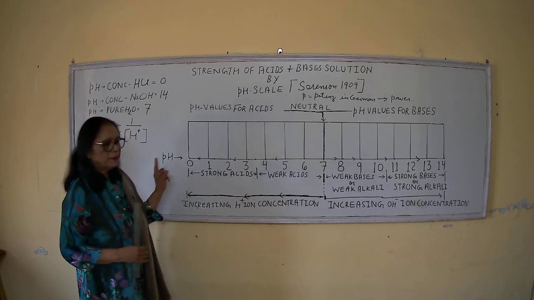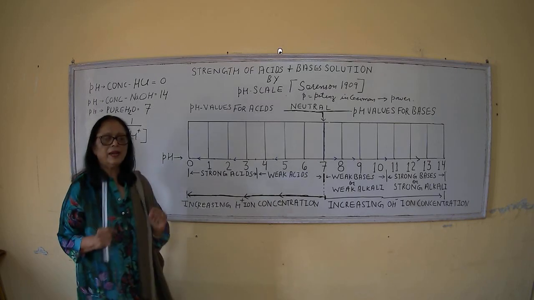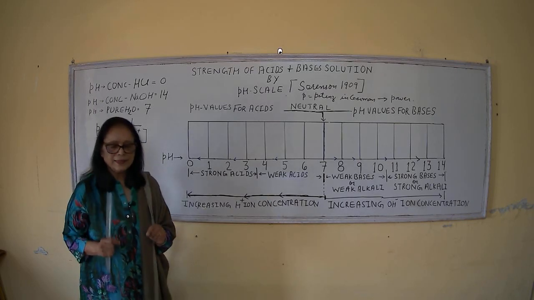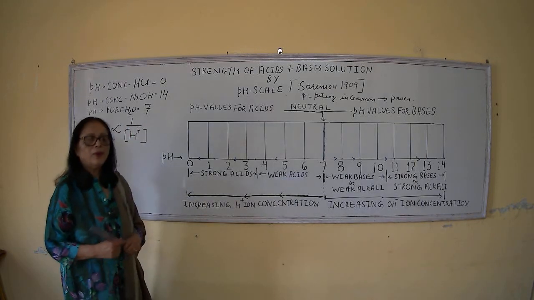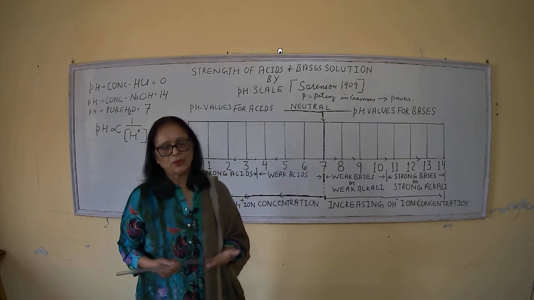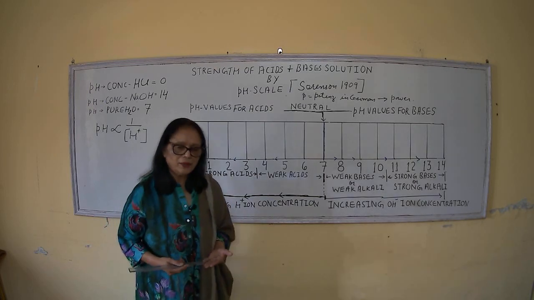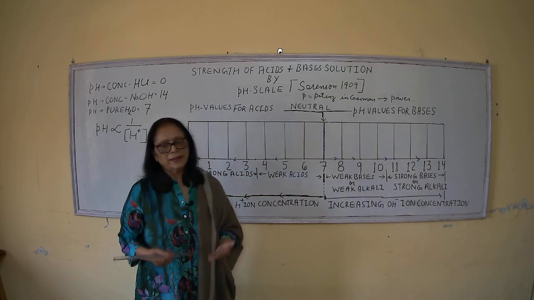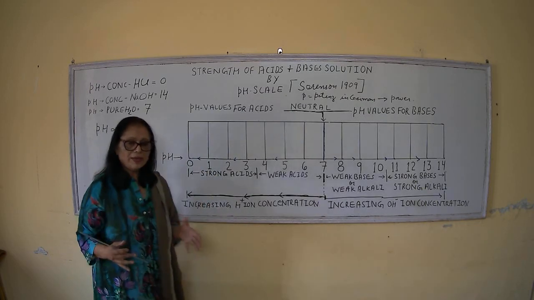If the solution has pH value 0, that means the acid is the strongest acid. Which acids have pH 0? Concentrated H2SO4 has pH value 0, or concentrated hydrochloric acid, that is HCl, also has pH value 0. So they are the strongest acids.